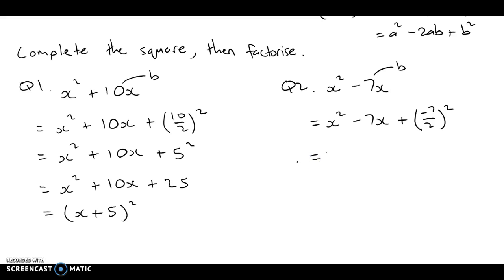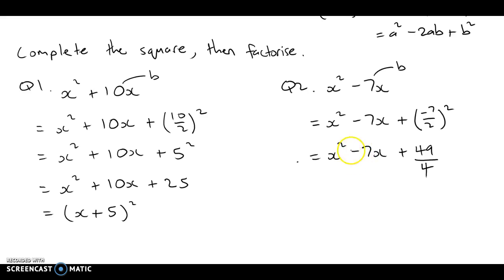Now you'll notice the fact that it's negative doesn't change the last term in our expression. Because we're squaring it, it's always going to end up being positive. So x squared minus 7x plus minus 7 squared is 49 over 2 squared is 4.